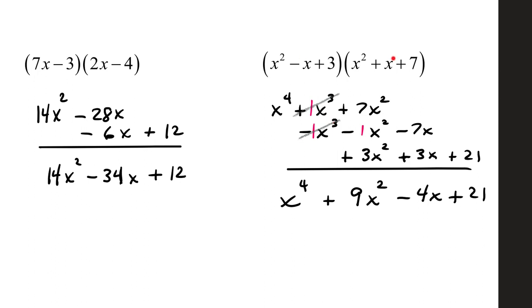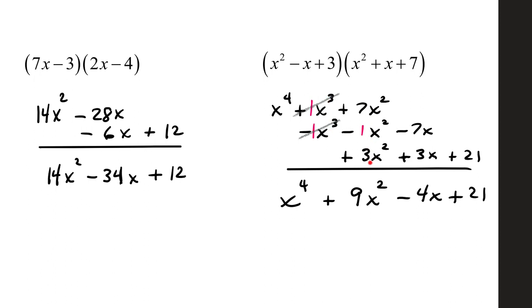Negative x times positive x, that's a negative x squared. Negative x times 7, that's negative 7x. And then we move to our third term, 3 times x squared, 3 times x, 3 times 7.